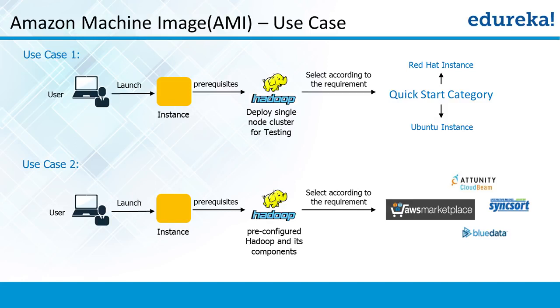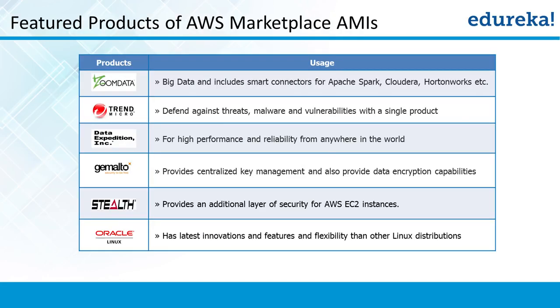Any sort of software that you want, you can select the AMI for that software, and once the EC2 instance comes up, you'll have that software up and running on that server. These are just some examples. These are probably some commercial vendors, Oracle being a prominent one here, Trend Micro as well. Any sort of commercial product will have an AMI in the AWS Marketplace. You can just select that and set up a server.